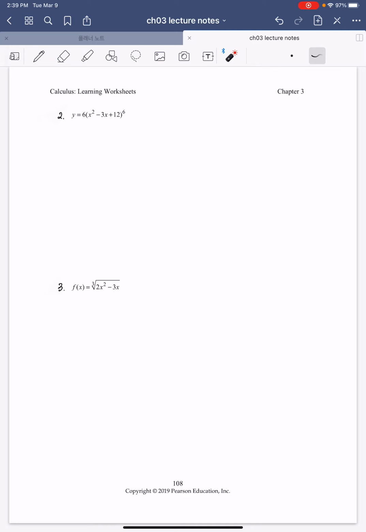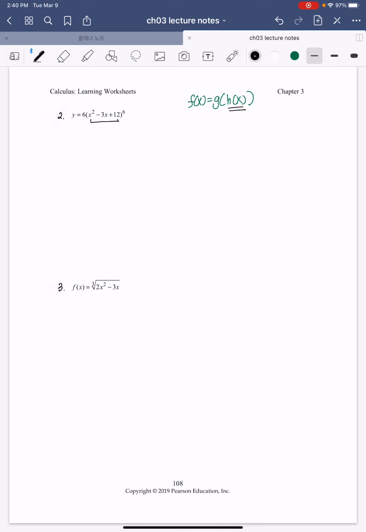Same thing. This y is my f. I need to come up with g and h. So my f of x is g of h of x. h is my inner function. Whenever I see the parentheses, that's a good one to use as h. We have this inside function put into this outer function of 6.